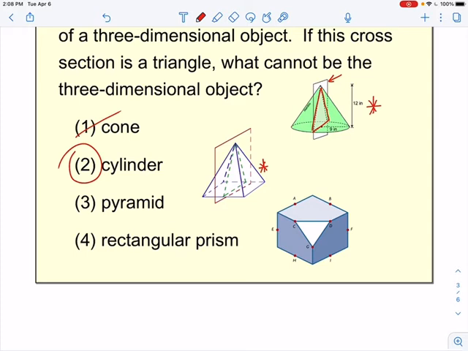And this rectangular flat piece is like their knife that they're using to cut it. And that green triangle, which I'm now re-highlighting in red, becomes that cross section, and that's going to be a triangle. And then for your rectangular prism, they cut it almost on a diagonal. So they cut off the edge of that rectangular prism, and you can see the cross section there is also a triangle. So 2 is your answer there.